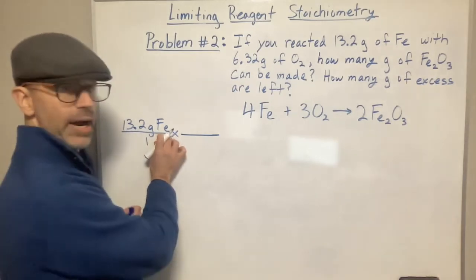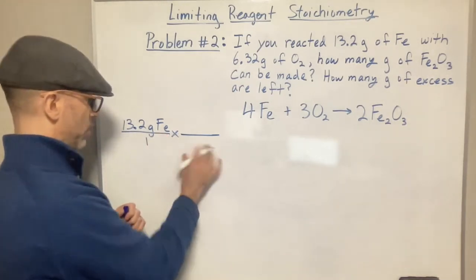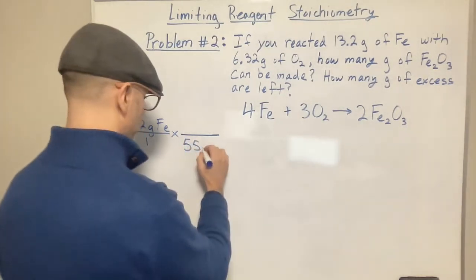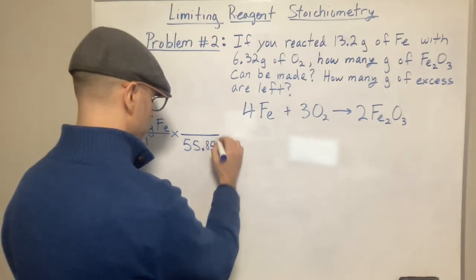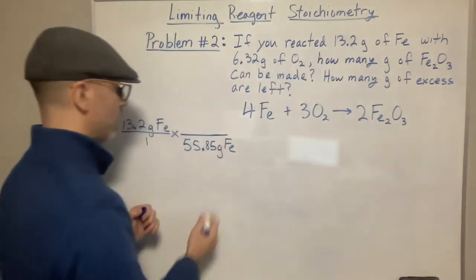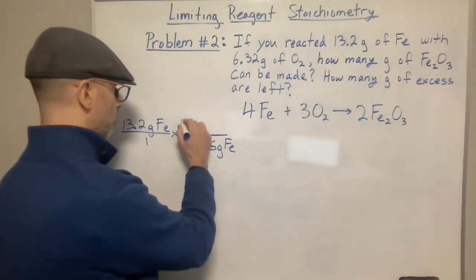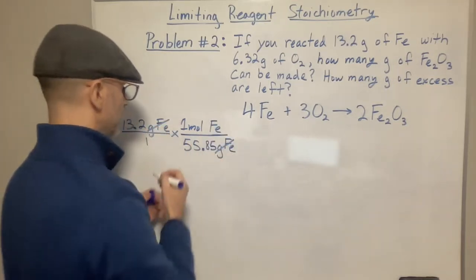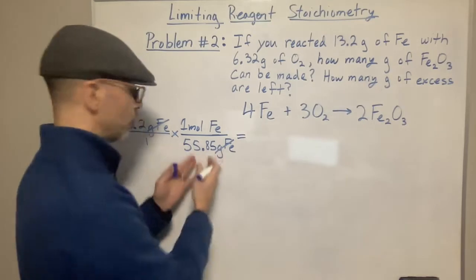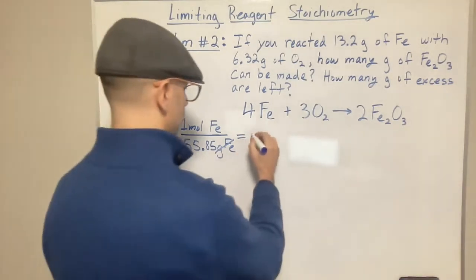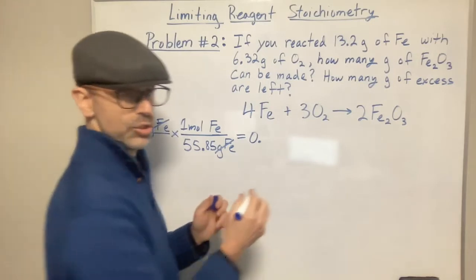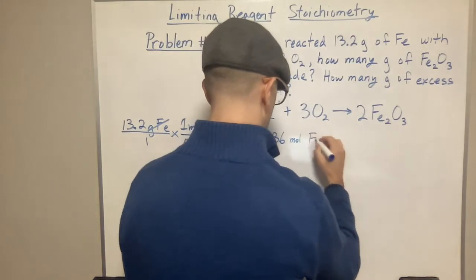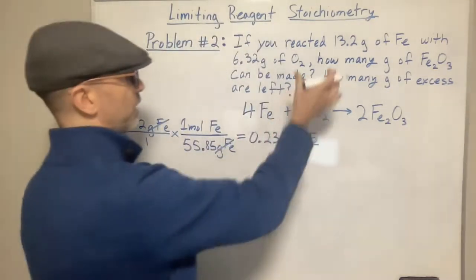Since I have grams of iron here, I want to put grams of iron on the bottom, so 55.85 grams of iron on the bottom and 1 mole of iron on top. So grams of iron cancels out, and I get moles of iron. When I do the calculation, I get 0.236 moles of iron.